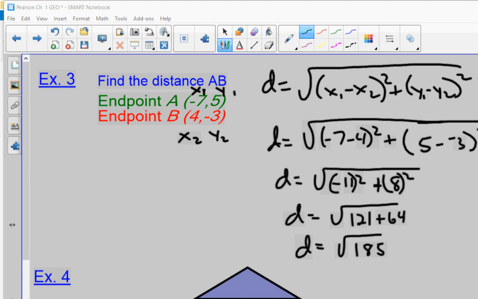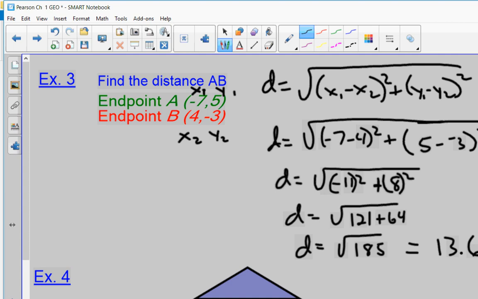And I believe it's a little bit closer to 196, so I'm going to guesstimate that it's like 13.6, because it's pretty close to being in the middle. But you guys can go ahead and stick the square root of 185 into your calculator and see if I'm kind of close, because I was just estimating.